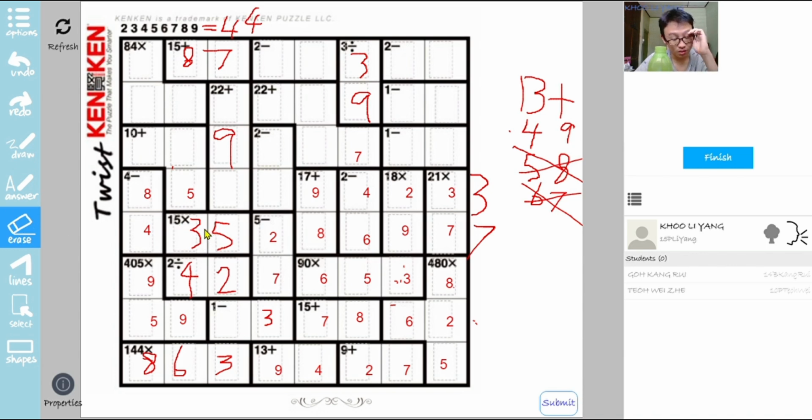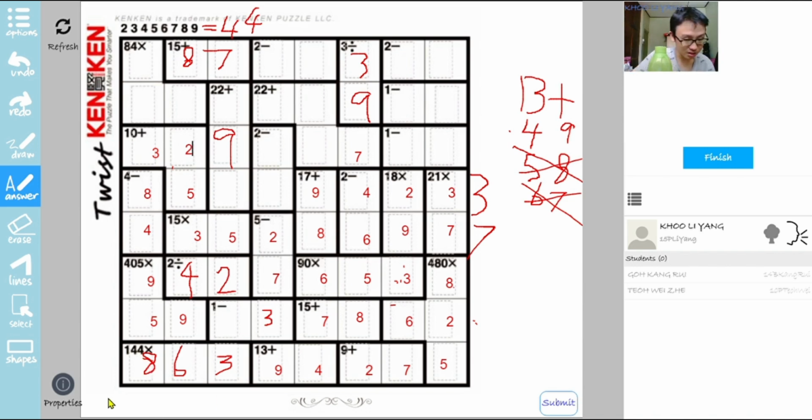Oh, 5 is already in this column, so we know that 5 is here. Since 1 cannot be used, the only possibility is 3 and 2. Since 3 is in this column, 3 will be here and 2 will be here.